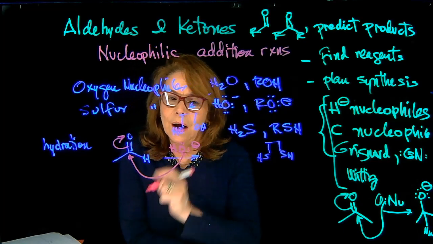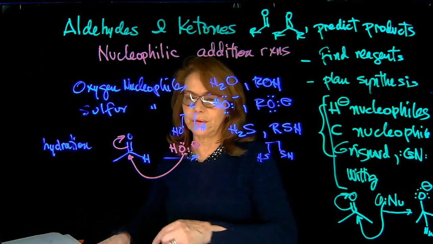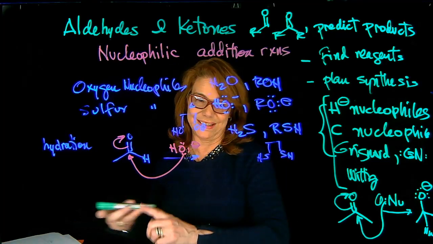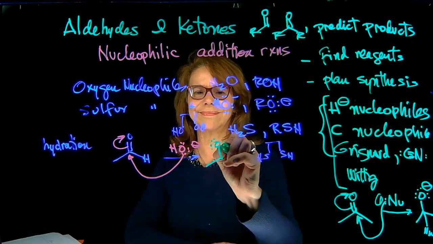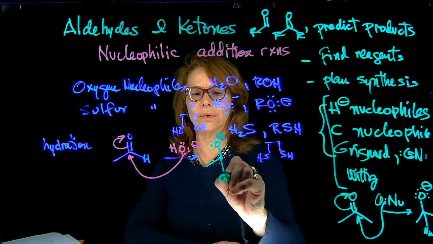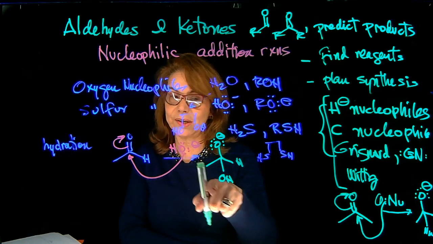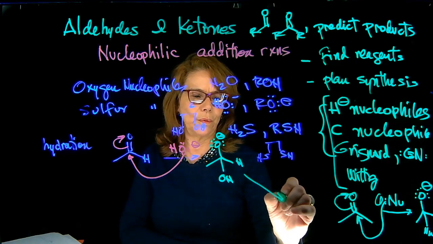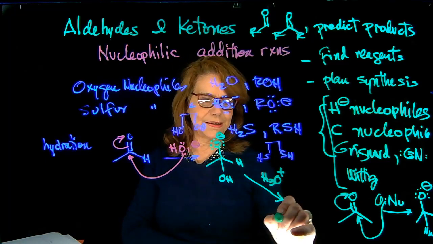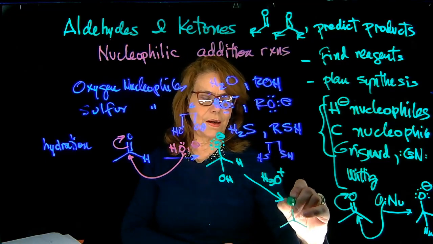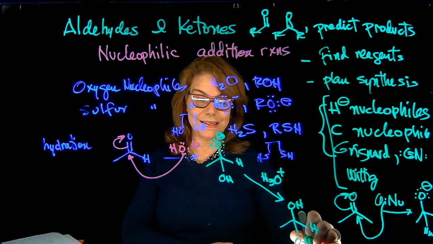So here, when you have basic condition, the first step is always nucleophilic attack. Here the product will be, I'm going to do it in a different color, an alkoxide. Now you added OH here and you have an H. In the next step, we need a proton transfer to protonate that, and now you have this compound that has two OHs, which is the hydrate.